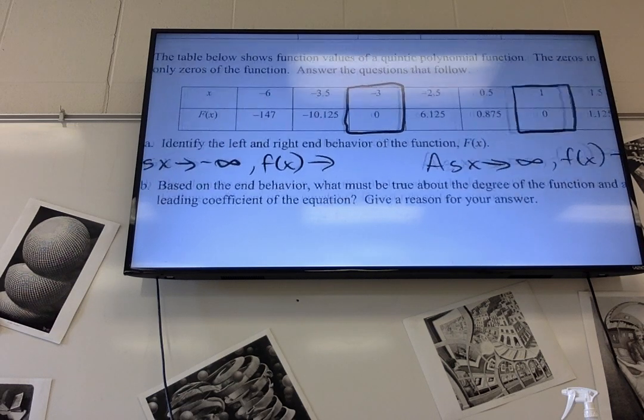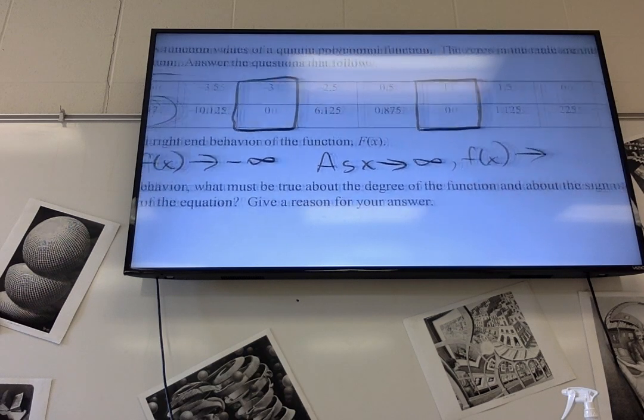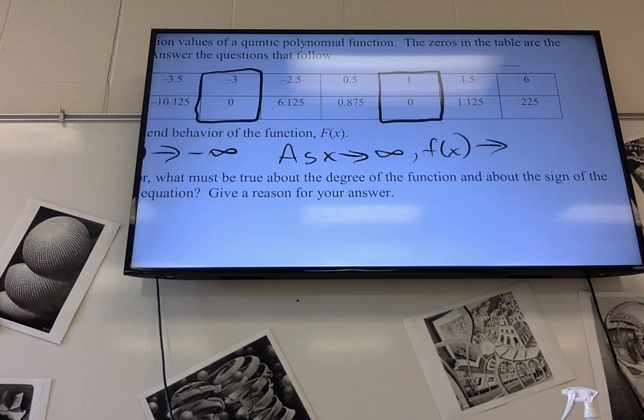As I go this way, what's going on with f of x? It's going down because it's negative. So it's negative infinity. And on the other side, as x goes to the right, what's going on with f of x? It's going up. It's going positive.